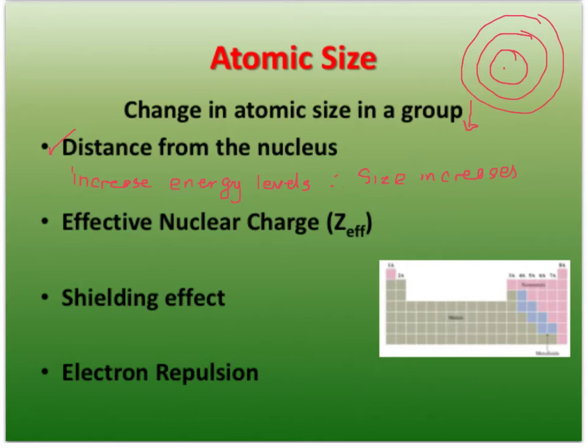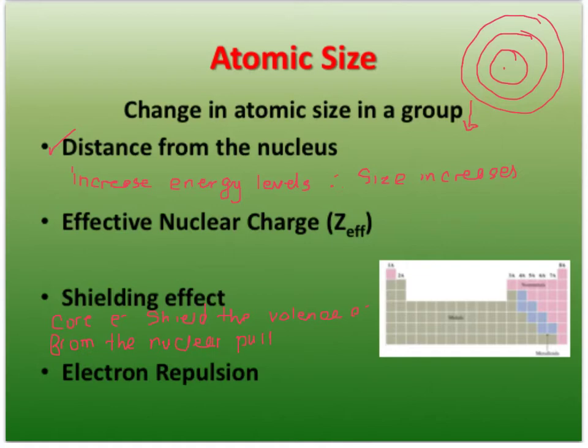And then we look at the shielding effect. The core electrons are going to shield the valence electrons from the nuclear pull. Now, effective nuclear charge and electron repulsion do not play a role in the size here.